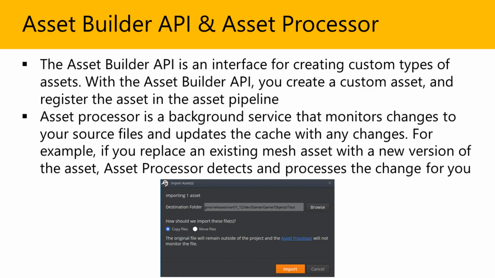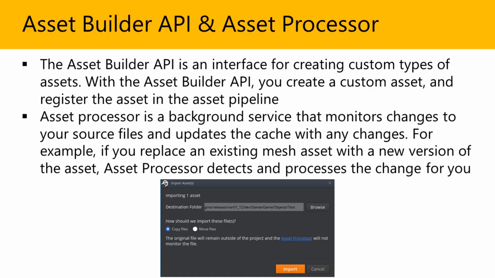The asset processor is simply a background service that monitors changes to any of the files, the updates, the cache, for example, with any changes. So if you replace an existing mesh asset, for instance, with a new version of the asset, it's the job of the asset processor to process the required changes for you.